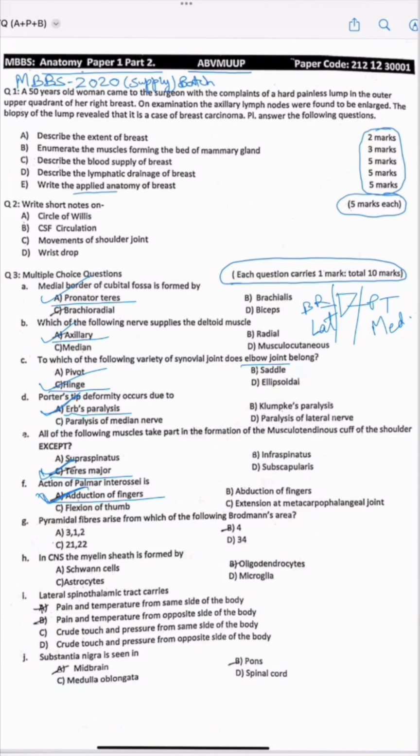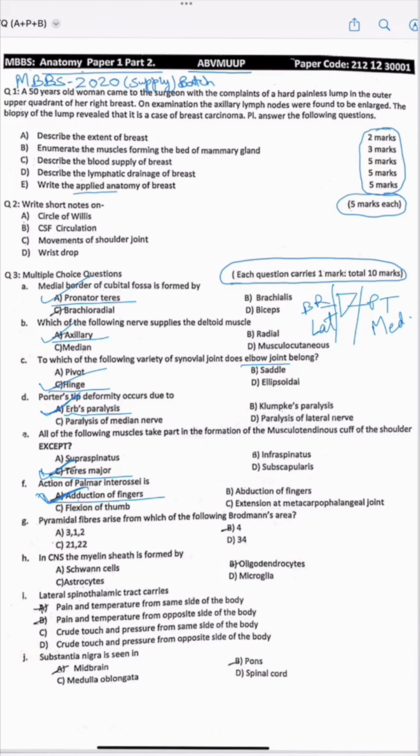While dorsal interossei are abductors of the fingers, flexion of the thumb is by flexor pollicis longus and brevis, and extension at the metacarpophalangeal joint is by extensor digitorum, assisted by extensor indicis and extensor digiti minimi for their respective digits.